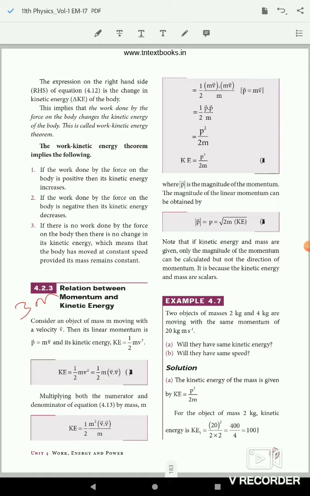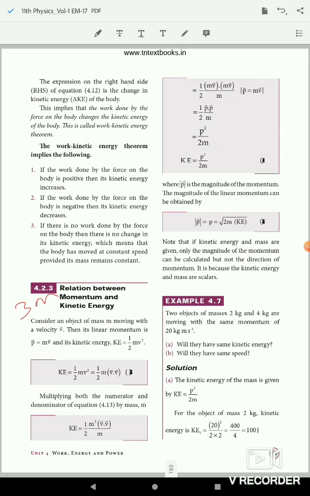So you rearrange this equation: half of m v vector into m v vector, divided by m. You already know momentum equal to m v, so p vector equal to m v vector. So Ke equals p square divided by 2m, where p square is the magnitude of the momentum.